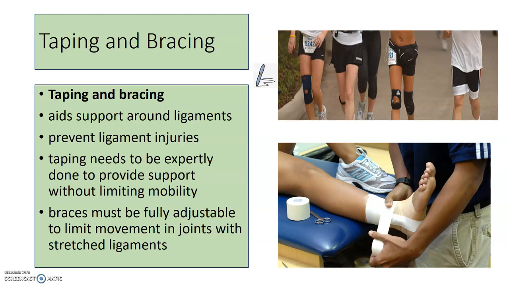So braces are a little bit more refined in regards to our particular movement. You can see there the knee brace in the long distance run, really supporting that particular area so that the mobility isn't too extensive, to prevent too much injury.